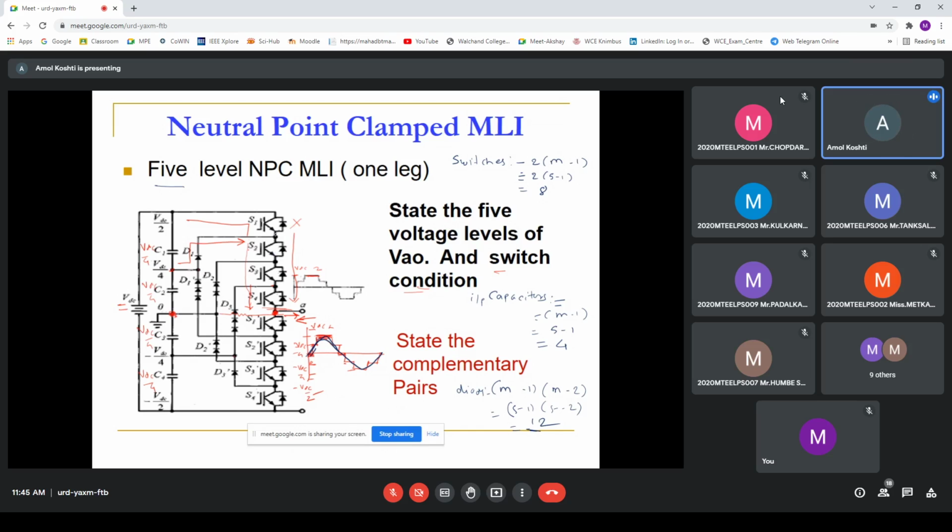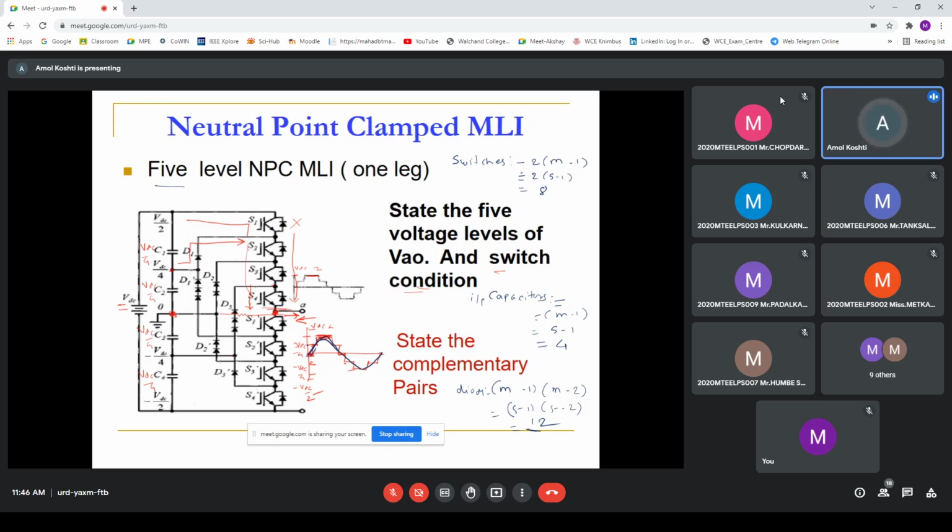Initially, for the positive half, for VDC by 2, S1, S2, S3, S4 are conducting. To get VDC by 4, S2, S3, S4 are conducting. To get 0, S3, S2 and S1 dash are conducting. So S4 is always in the circuit as compared to S3, S2 and S1.